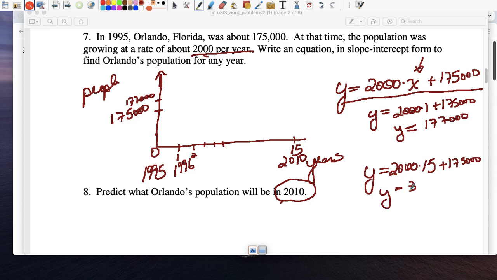That's equal to 30,000 plus 175,000, which is going to give us 205,000. So in 15 years, this is my x, sorry, and y here is going to be 205,000.